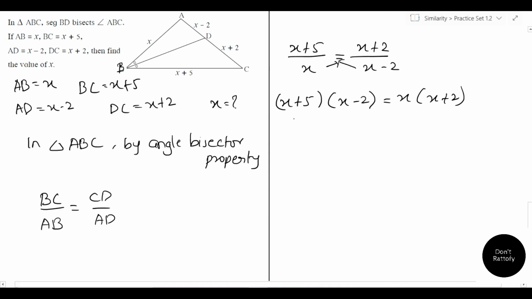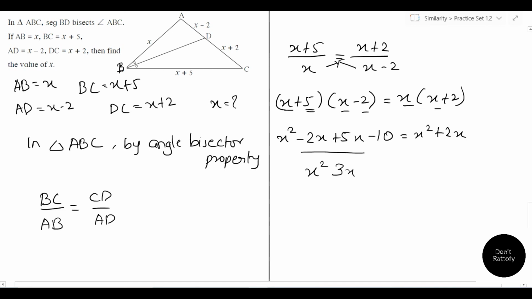Solving ahead, I'll open up the brackets. x into x is x square, minus 2x, this 5 and this x will be plus 5x, and 5 and minus 2 will be minus 10, is equal to x multiplied by x is x square, and x multiplied by plus 2 is plus 2x. Solving ahead, I will have x square minus 2x plus 5x, which is plus 3x, minus 10 is equal to x square plus 2x.